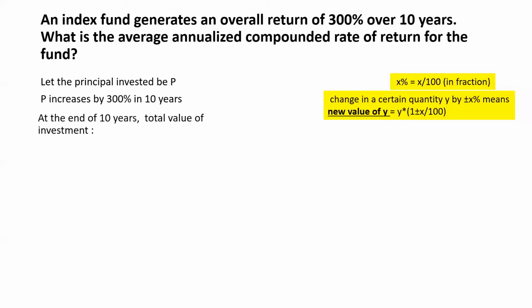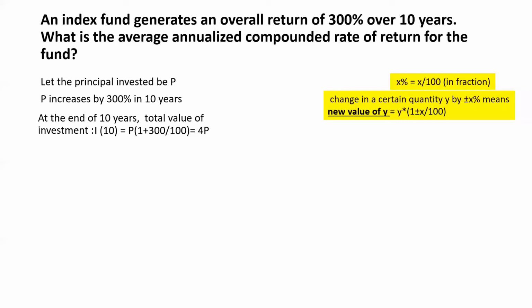So the total value would be basically, and I'm representing the value of the investment at the end of 10 years by I(10). So I for investment value and 10 is like 10 years within parentheses. So this is equal to P multiplied by 1 plus 300 by 100, because P increased by 300.